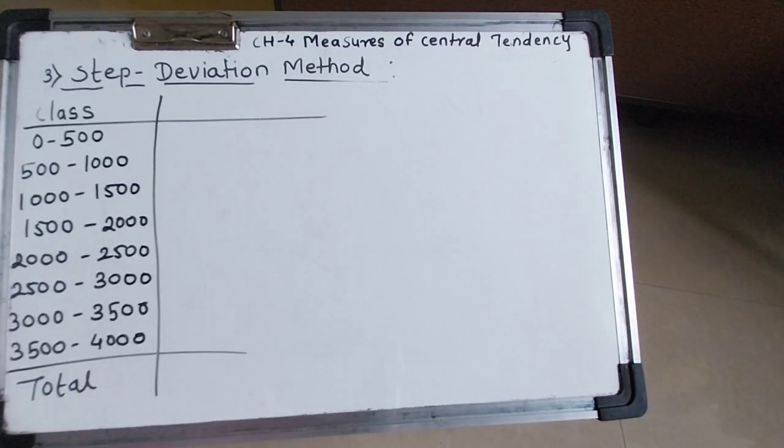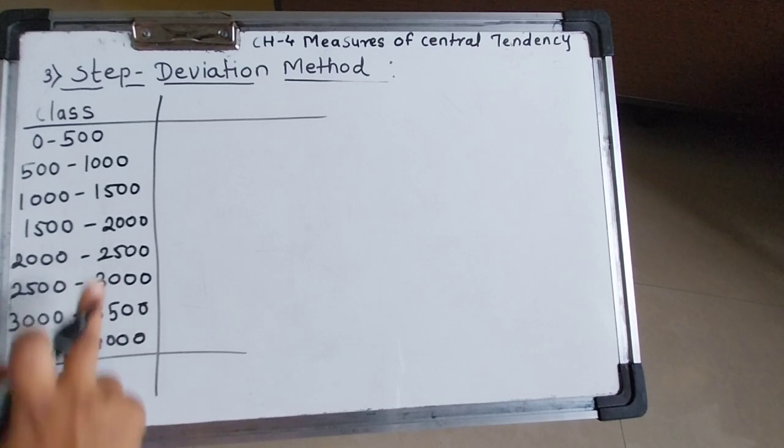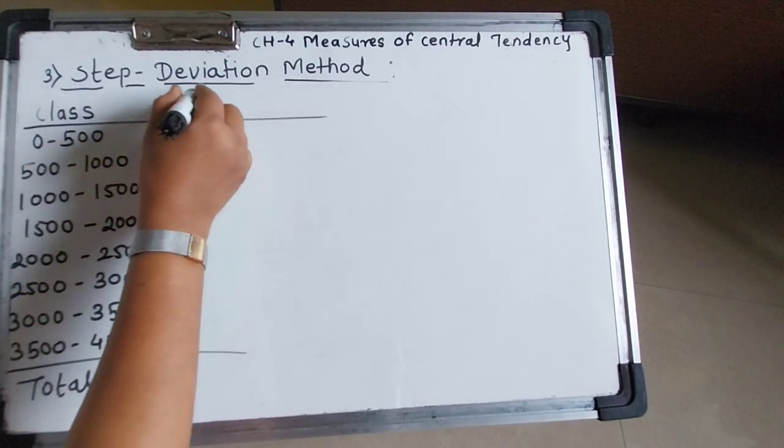This is an example of the step deviation method. The question is: the following is the distribution of monthly salaries of the employees of a firm. Compute the arithmetic mean of salaries. They have given the classes and the corresponding frequency.